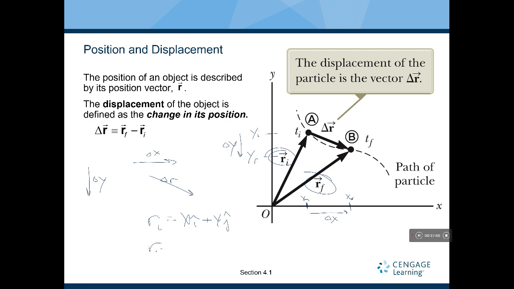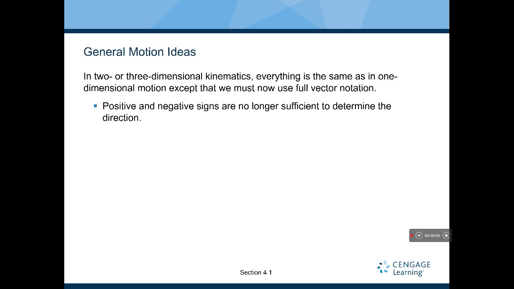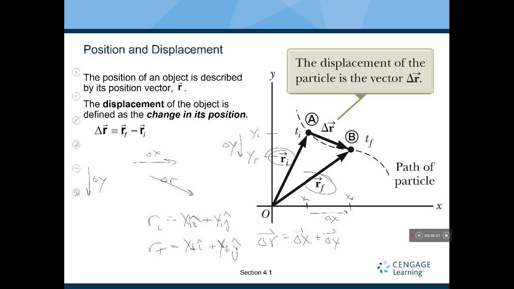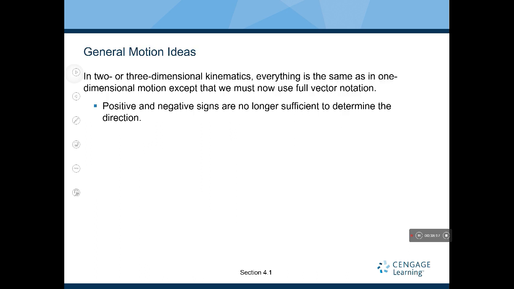Rf is equal to the same with its own components. Sorry, that was supposed to be an i hat and a j hat. This is going to be confusing for you. It's confusing for me. And the final piece: what is delta R equal to? Delta R is simply equal to the change in the components. Do you see what I'm trying to get you to see here? Okay, fine, move on.